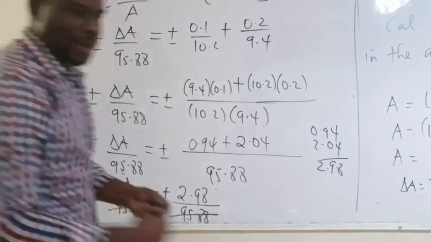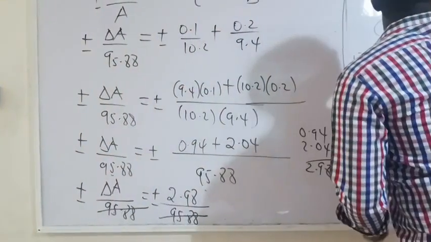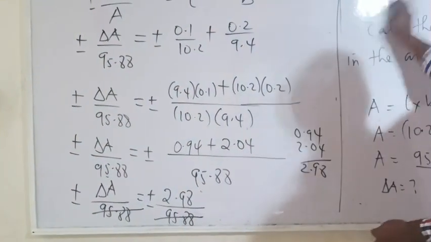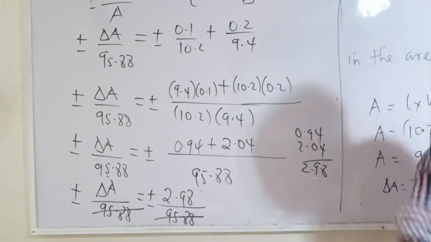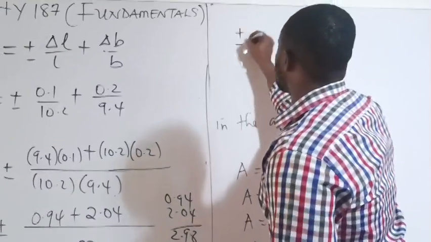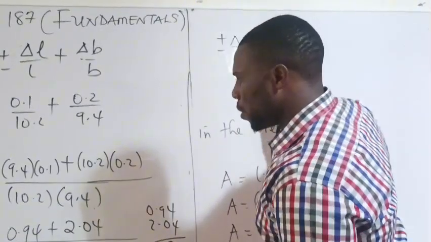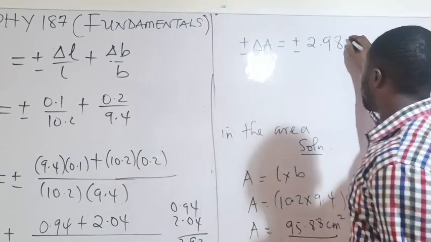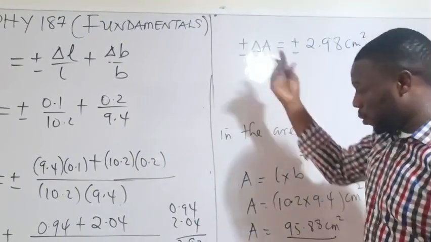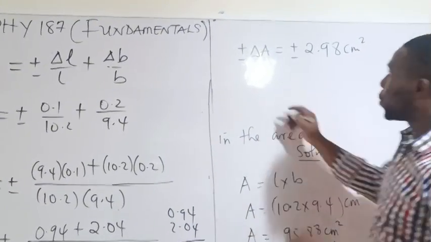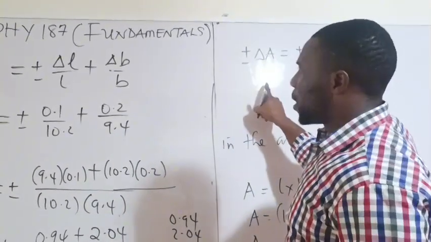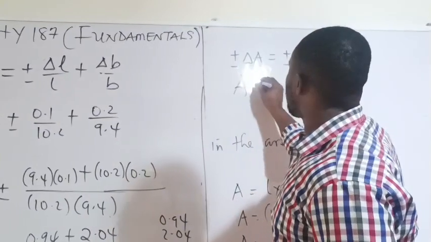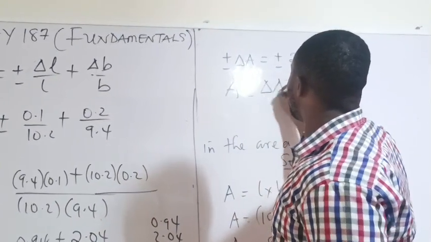So what I have left now is the absolute error in the area, which is the same as plus or minus 2.98. And of course, this would be in squared centimeter if we take the units along. So I could report the answer now as the area itself plus or minus the absolute error in the area.